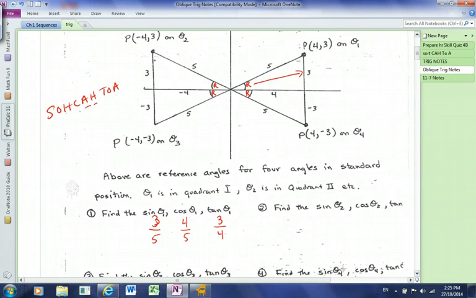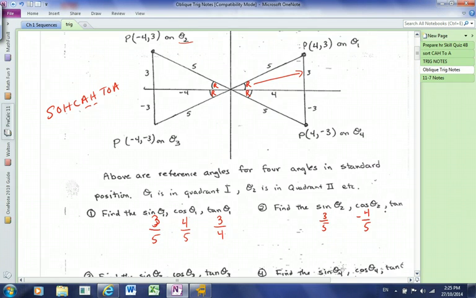Now, when we get into the second quadrant, we have to watch for negative signs. The sine is still positive 3 over 5, right? But the cosine now is negative 4 over 5.